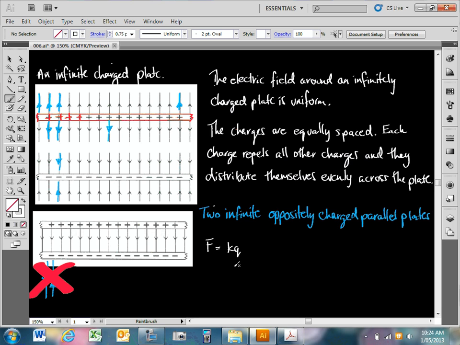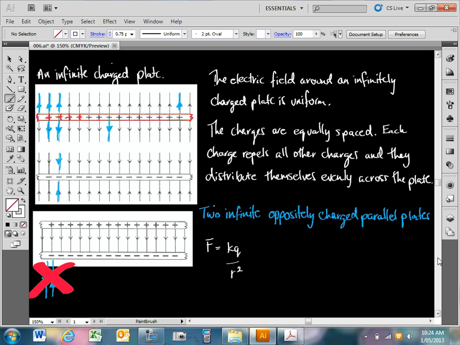F equals KQ on R squared. What does it say? However, at any point the field strength is constant. The force on the charge due to an infinite plate will be constant. Well, that's a little bit ambiguous.